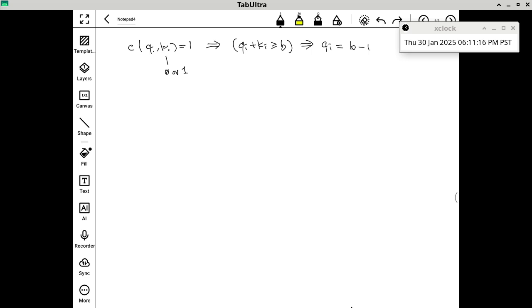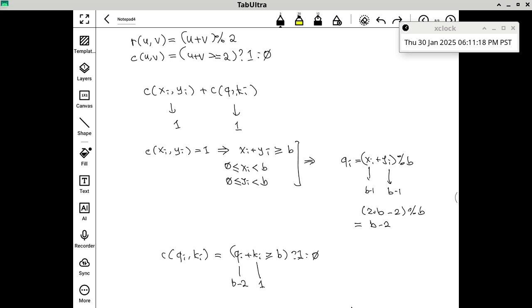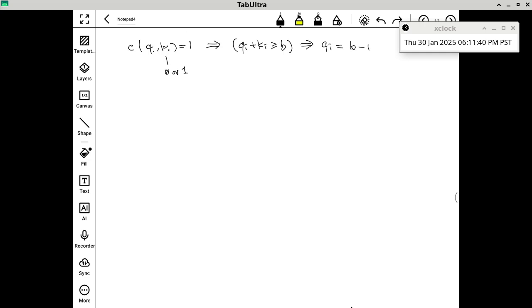Okay, so this is a conclusion. Q of I can be at the worst b minus 2 only if c of xiyi is a 1. Otherwise, that restriction does not apply. Exactly. So now we go back to this side.